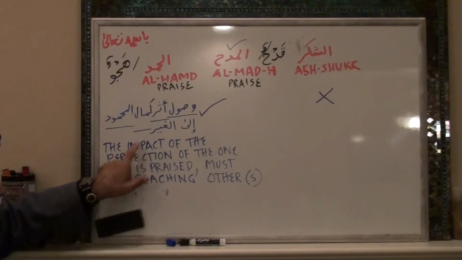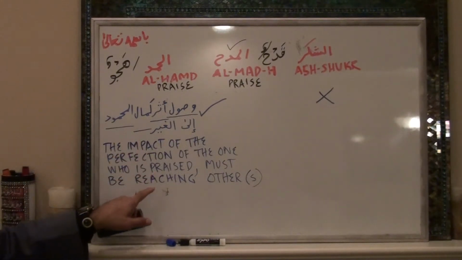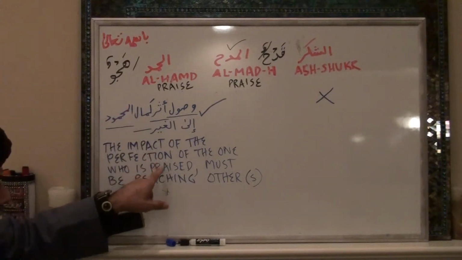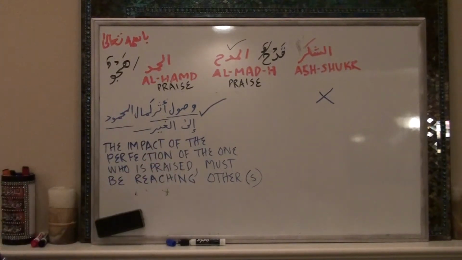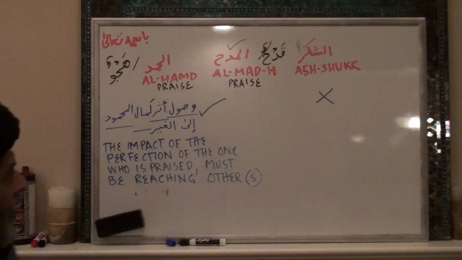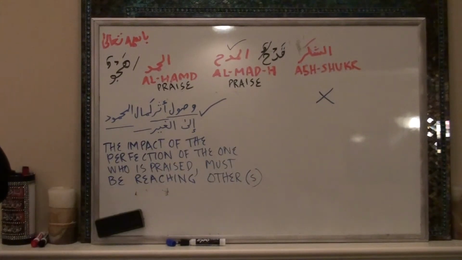And that impact must be reaching other than the person who is praised. So his perfection's impact should be reaching others. This is compulsory. Whereas in shukr, this is not required. But this is the first difference between hamd and shukr. Examples.